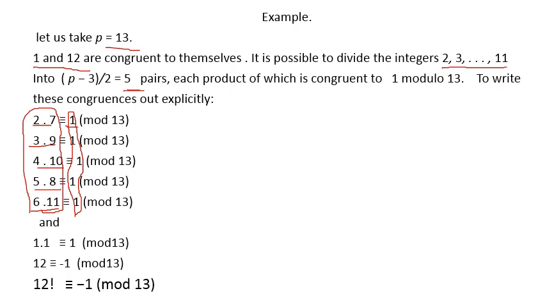Now the remaining numbers are 1 and 12. So if you include 12 here, we get 12 factorial on the left hand side, and 12 is congruent to minus 1. Therefore right hand side becomes minus 1.